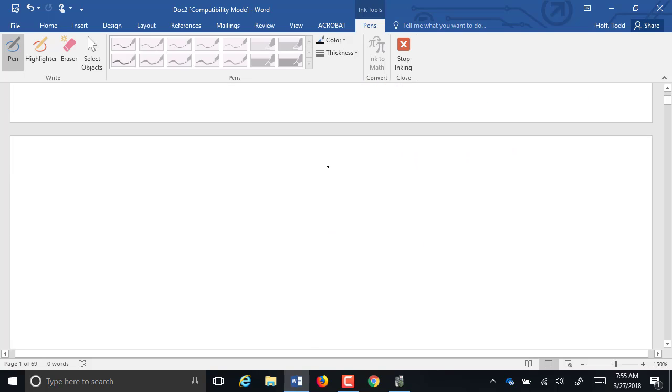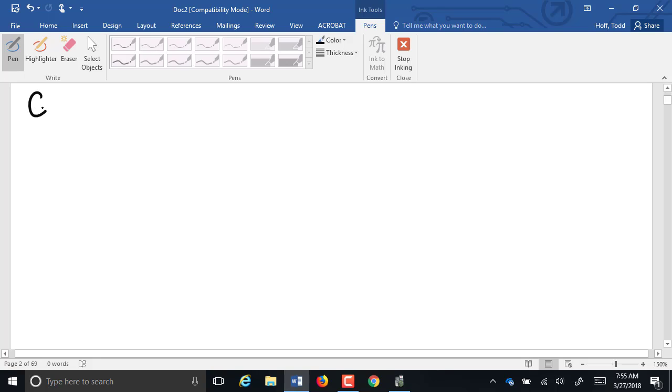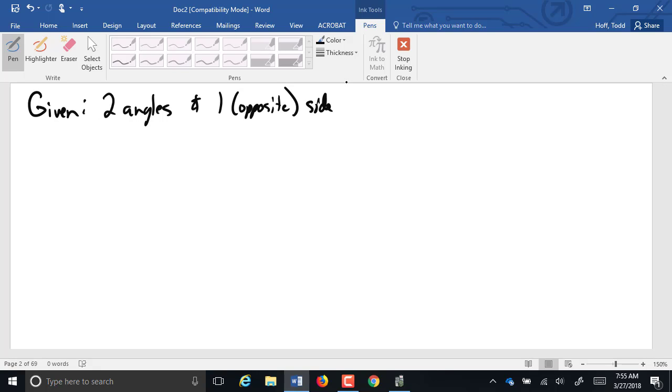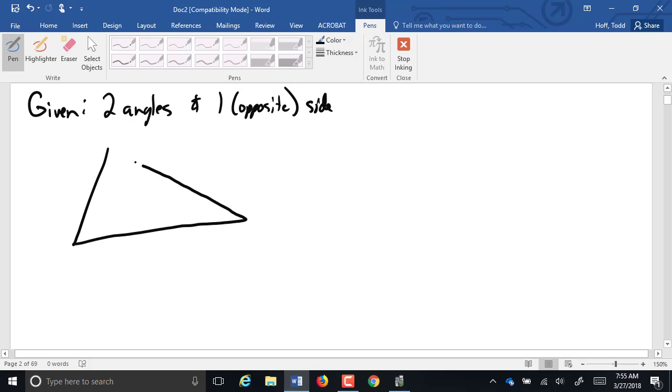The simplest example we can use is if you're given two angles and one opposite side. We're going to see in a minute that it doesn't matter if that's an opposite side, but for this example, we're going to use an opposite side.